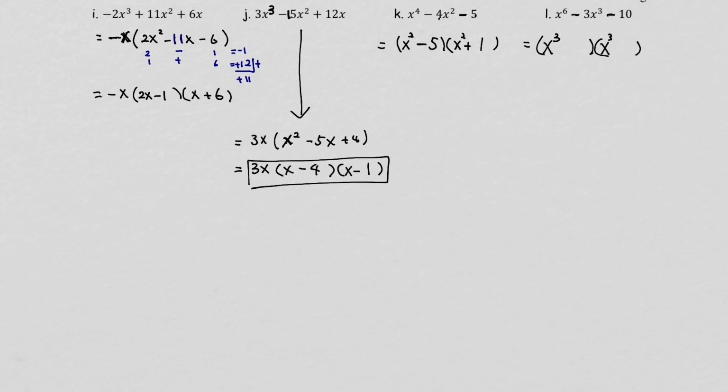Different signs, so start with negative and positive. Factors of 10 that give you a difference of 3 will be 5 times 2. And it has to give you addition of negative 3, so 5 has to be negative and 2 has to be positive, right?